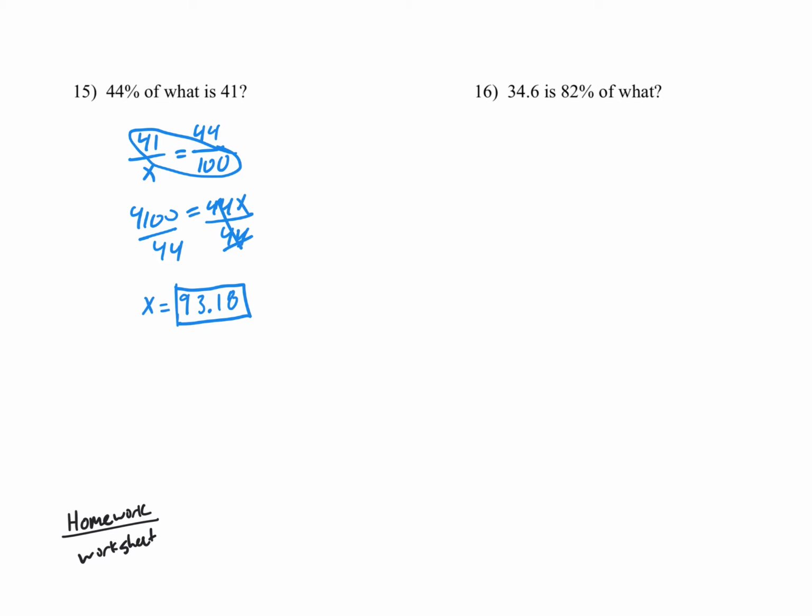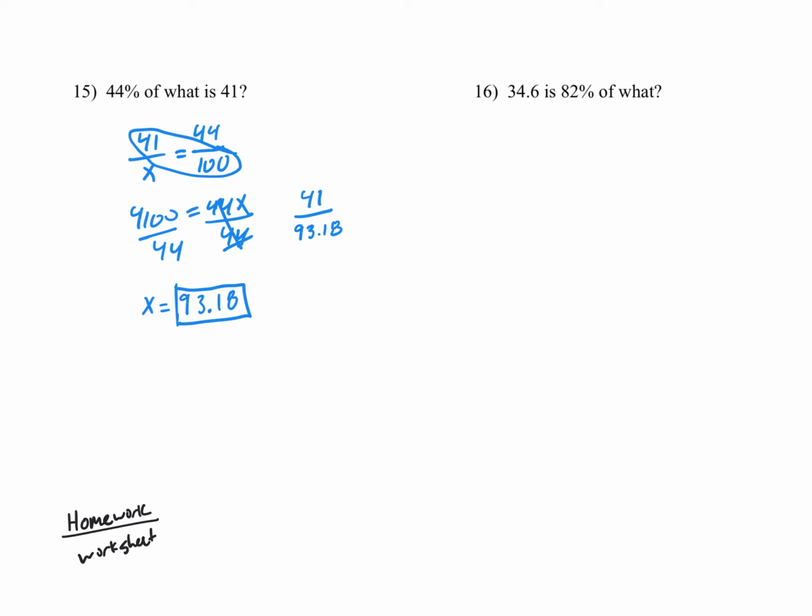If you wanted to check that real quick, you could throw in your calculator 41 over 93.18, and you should get 44%. Whenever I divided those in my calculator, I got 0.440000859. So that's really, really close to 44%. So it did work out.